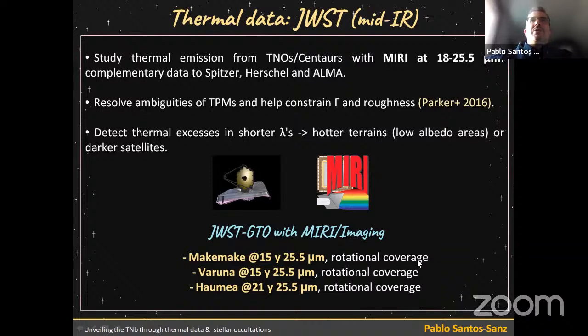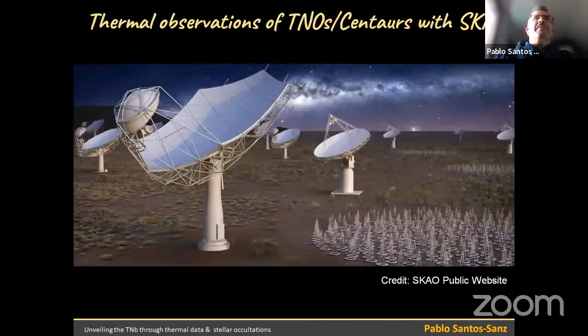This means that for some of these objects, we will obtain the rotational light curve, in particular for Varuna, and we could compare this light curve with the light curve that we obtained, for example, with Herschel Space Observatory. In the case of Varuna, the light curve obtained using Herschel has some things that we can't explain. We don't know what happened with this light curve. So probably with this James Webb data, we can understand what is happening.